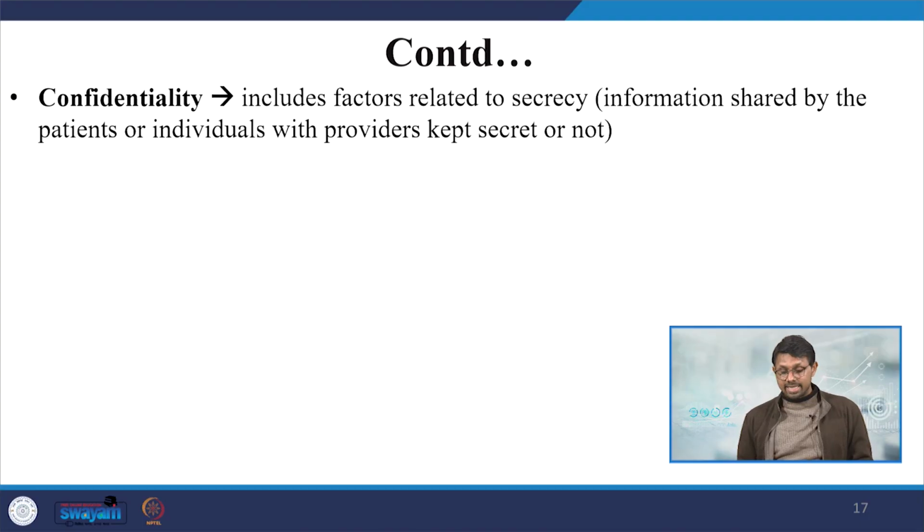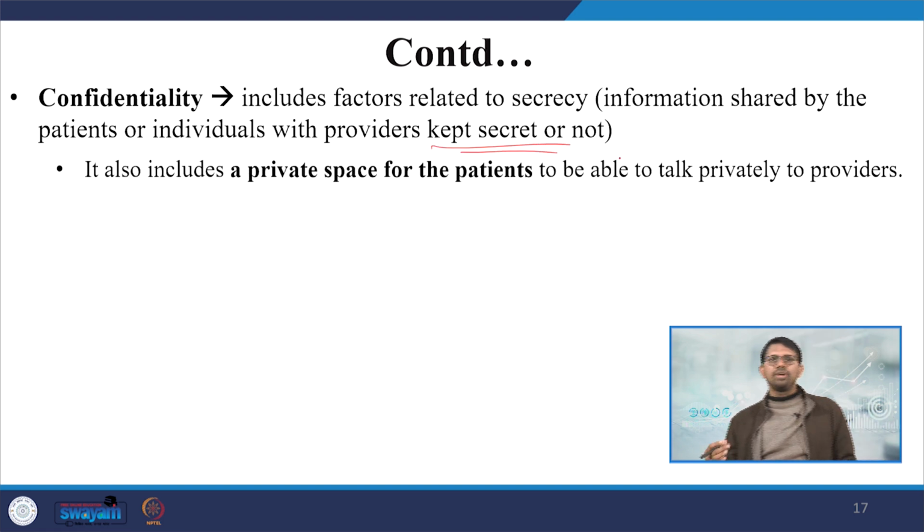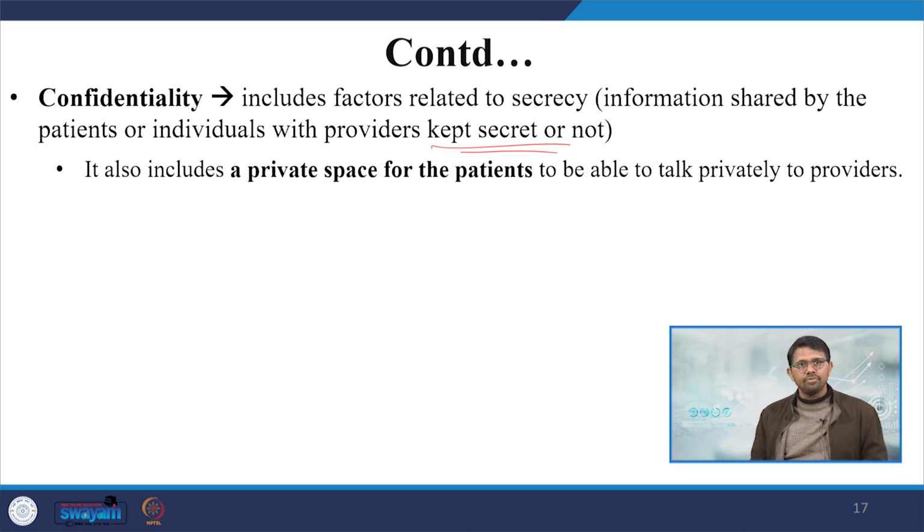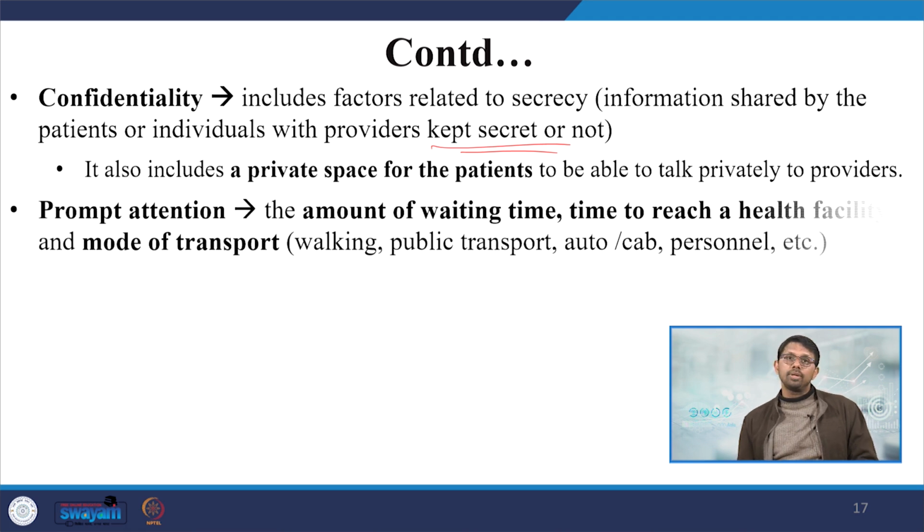Regarding confidentiality, another important aspect of health system responsiveness, it includes factors related to secrecy: whether information shared by the patients or individuals with providers is kept secret or not. That creates confidence in healthcare access. This includes private space for patients to be able to talk privately to the providers.